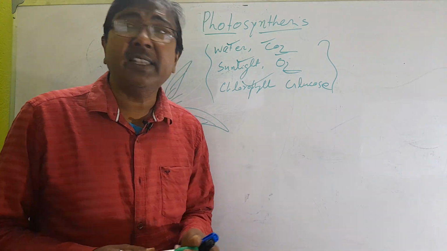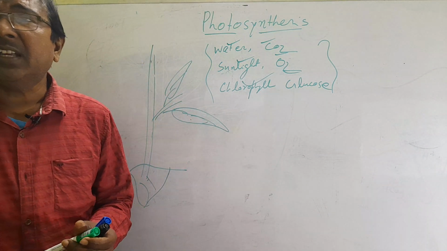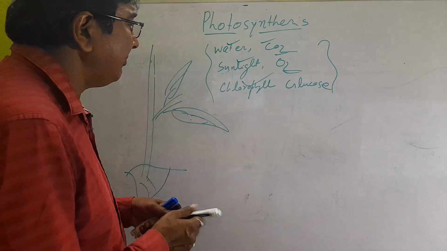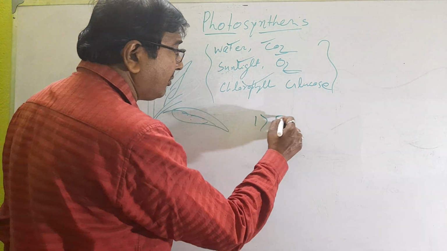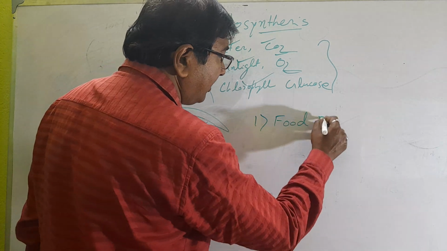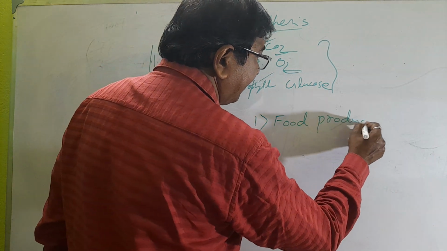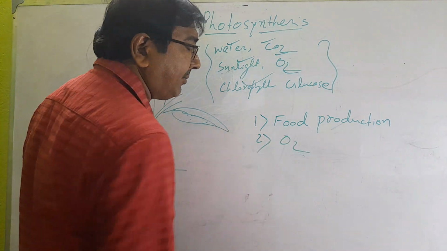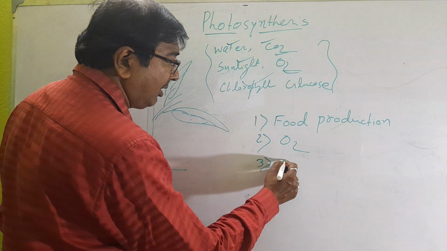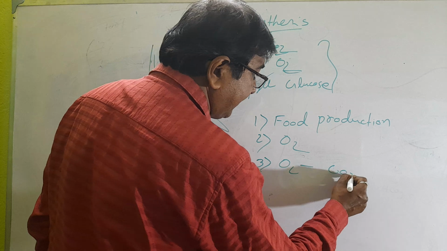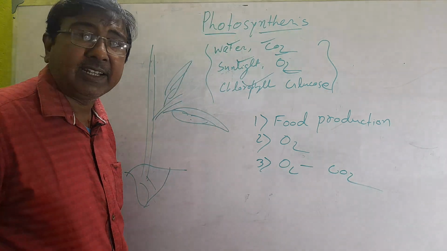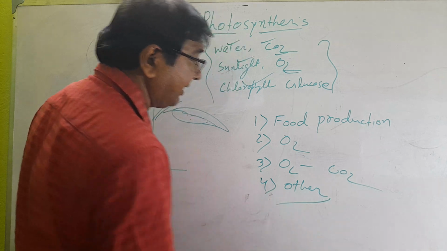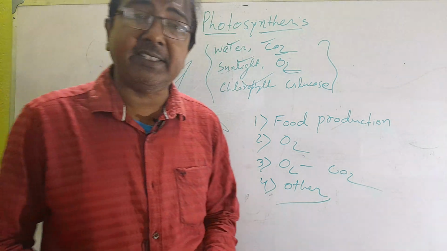Then, what is the importance of photosynthesis? The importance of photosynthesis: number 1, food production. Number 2, oxygen production. Number 3, oxygen and carbon dioxide concentration maintained, and other facilities.